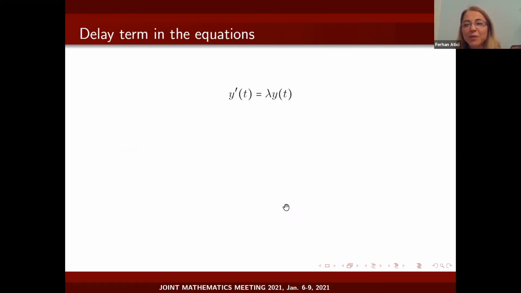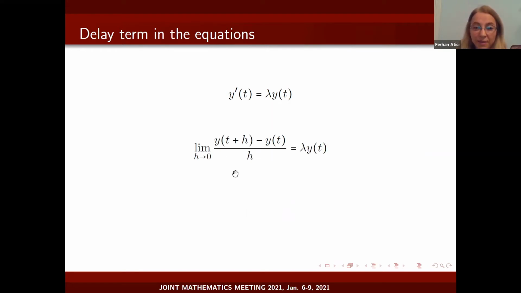Let me go back to the very simple differential equation, y prime equals lambda y. I would like to replace y prime by its Newton definition, limit as h converges to 0 of y of t plus h minus y of t over h. Then I'm going to do an approximation. Once I do the approximation, I take out this limit.